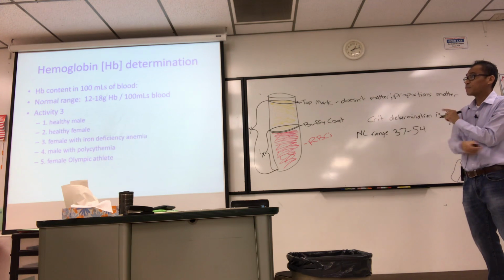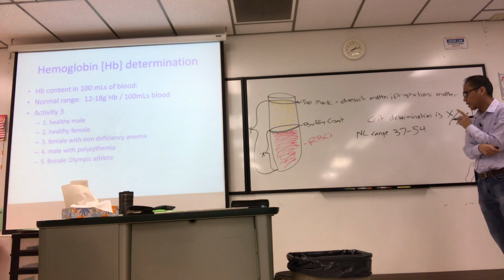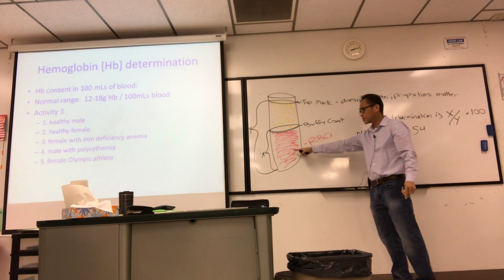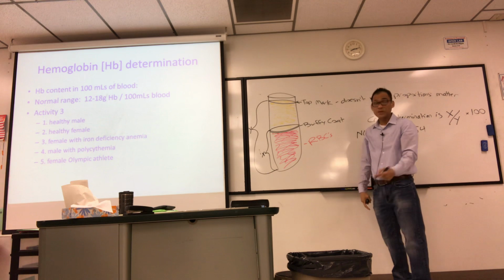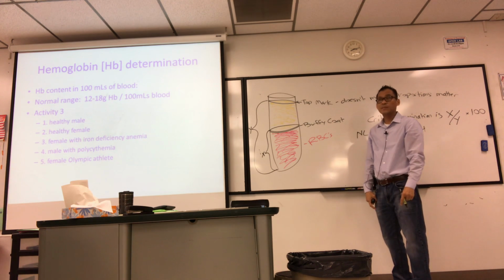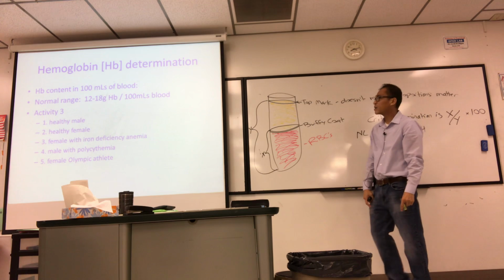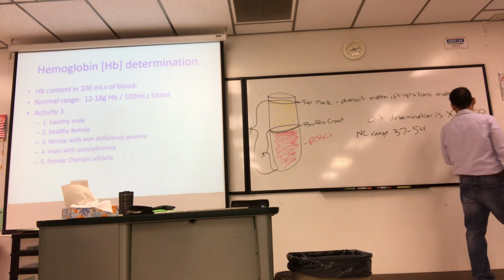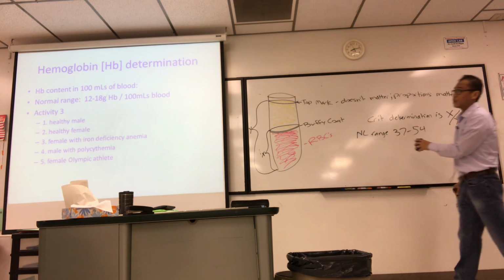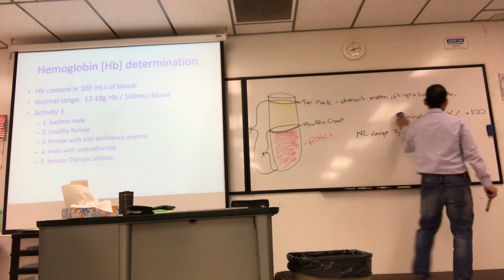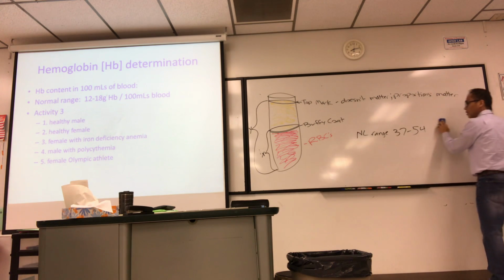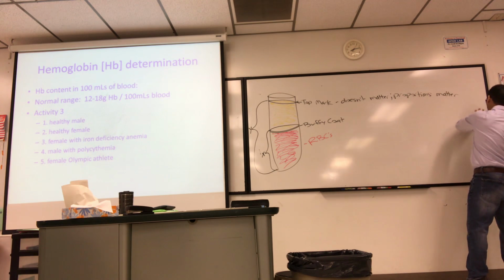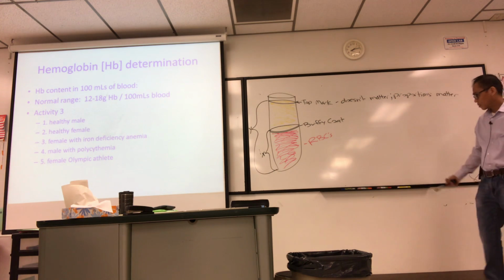Before I get into that, the other thing you could do to estimate blood's oxygen carrying capacity is to take a little sample of the RBCs and measure the hemoglobin concentration. What happens if you have higher than the normal range, like more than 54?